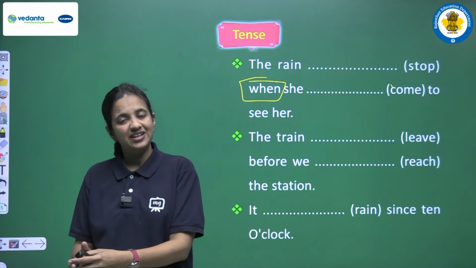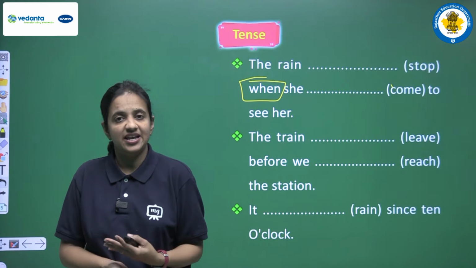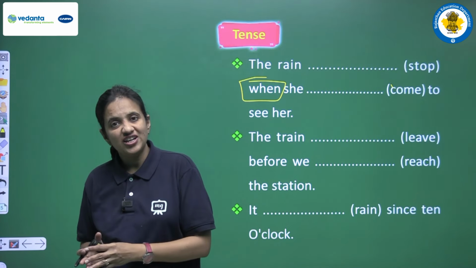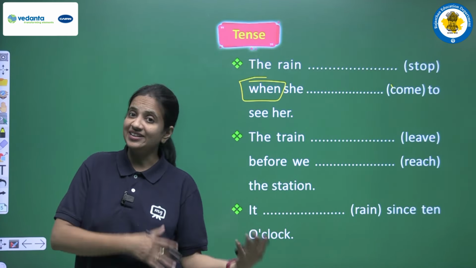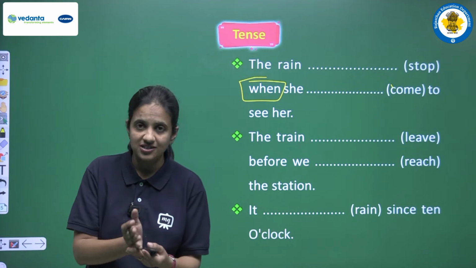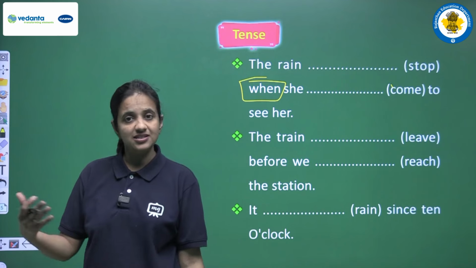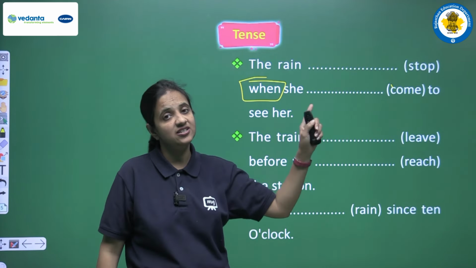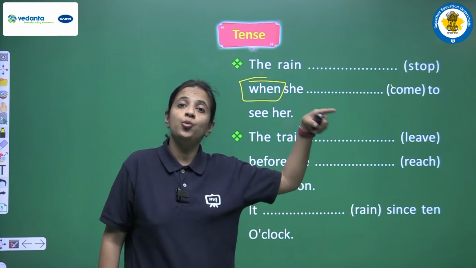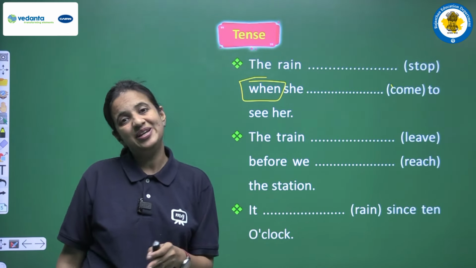So again I am repeating this thing, just to revise, that the action that completed prior comparatively to the other action, that action we will write using past perfect tense, and the other action we will write using past simple tense. So now let's read the sentence one more time, and let's try to identify which action actually completed first, which action actually completed prior.